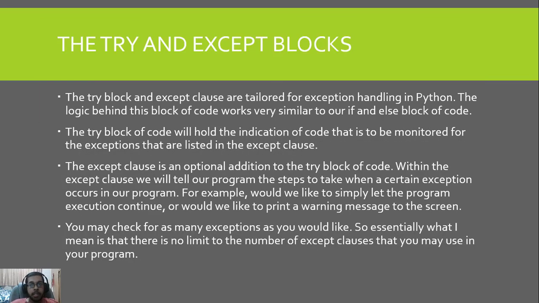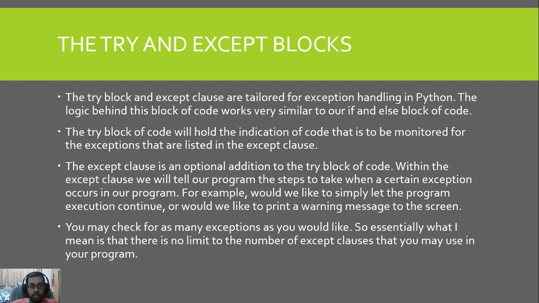The try and except blocks. The try block and except clause are tailored for exception handling in Python. The logic behind this block of code works very similar to our if and else block of code. The try block of code will hold the indication of code that is to be monitored for the exceptions that are listed in the except clause.